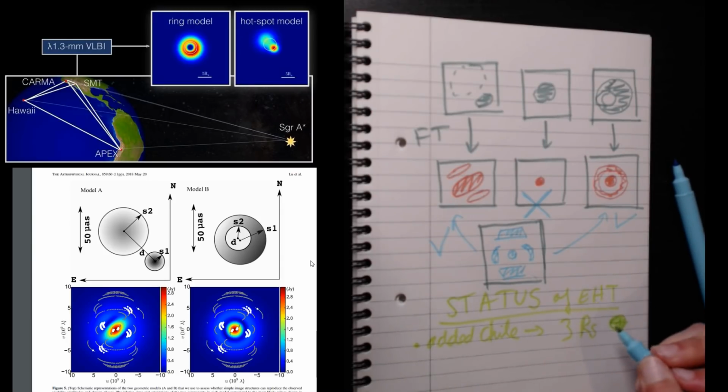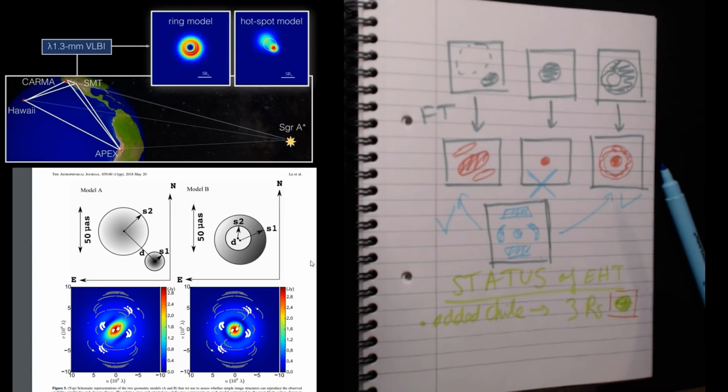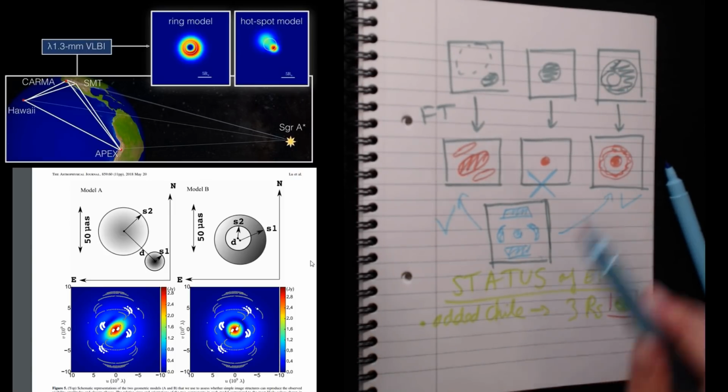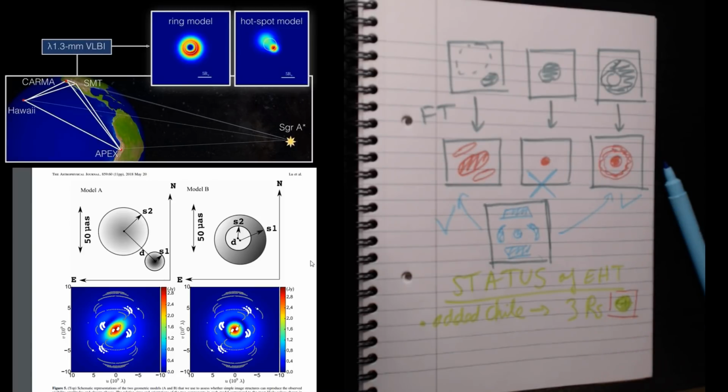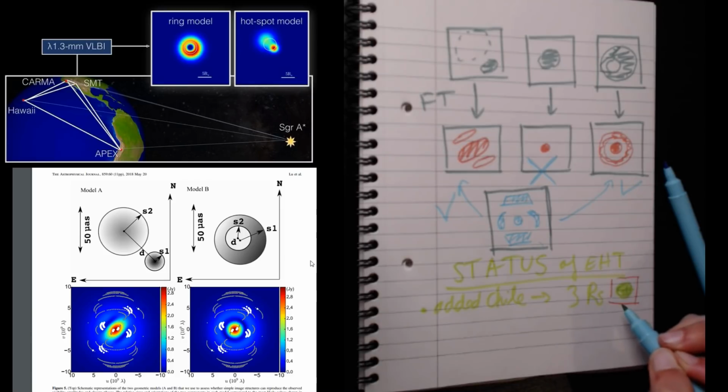So if the resolution is 3 times this, it means that their pixel size will be about this big, which is not too bad. It's probably enough to see what shape it will be, and hopefully one dark pixel in the center. But hey, finally, with the addition of Chile, they are getting down to this resolution at which we will finally see the event horizon.